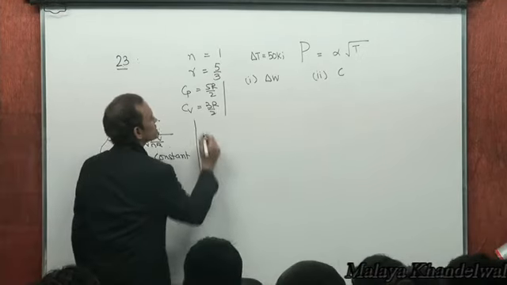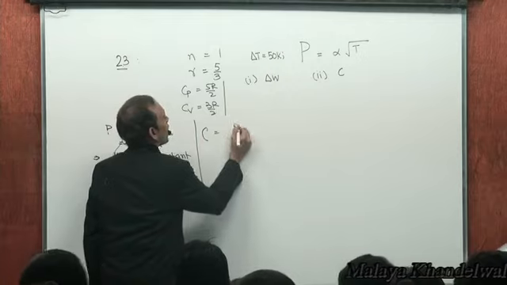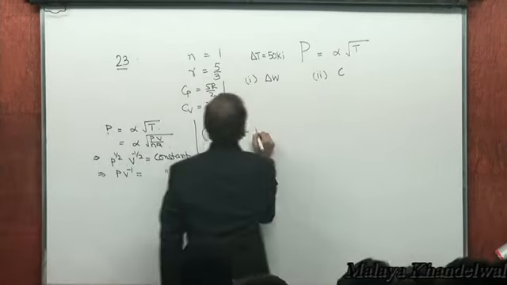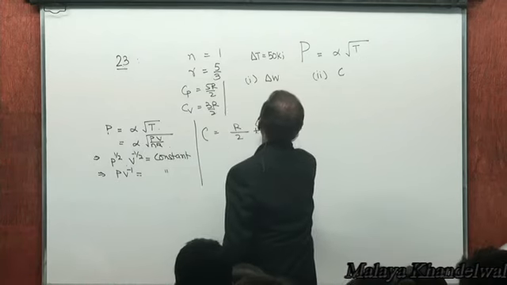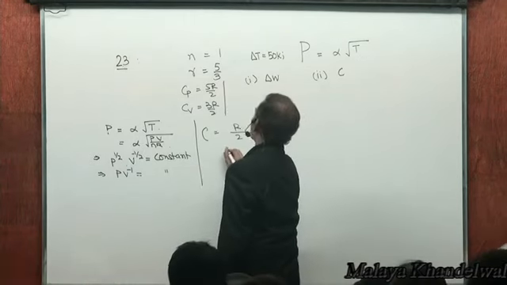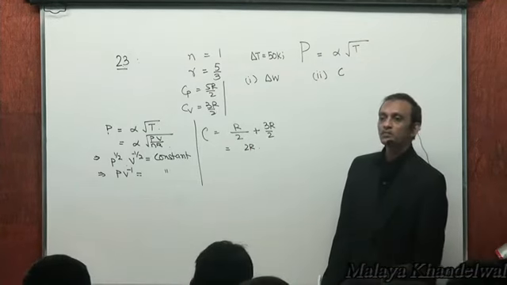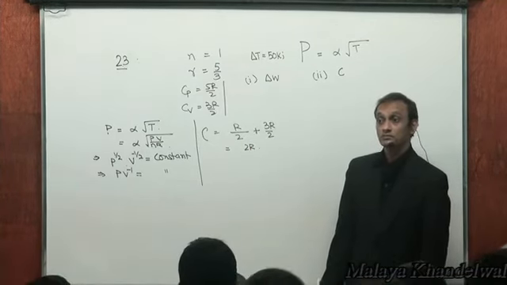Therefore, the polytropic exponent is minus 1. And therefore, the molar specific heat for the process is going to be R by 1 minus n, that means R by 2 plus Cv. Cv is 3R by 2, so that makes it 2R. That's the molar specific heat for the process.